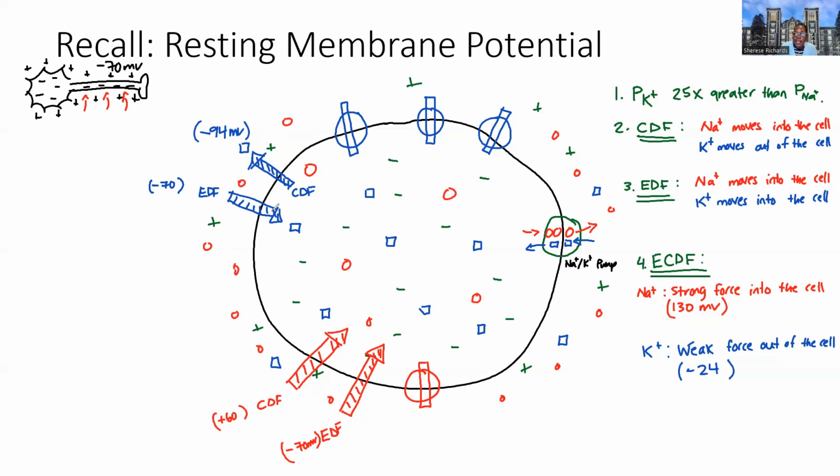The electrical driving force is going to be based on the polarity, so the separation of charge, as well as the type and amount of charge on the ion in question. Because potassium is positively charged, and because we have a negative environment inside the cell, which was established because there's more sodium leaving, now we want potassium to move into the cell according to its electrical driving force.